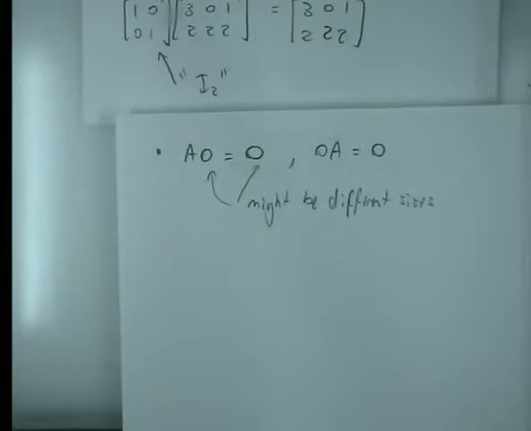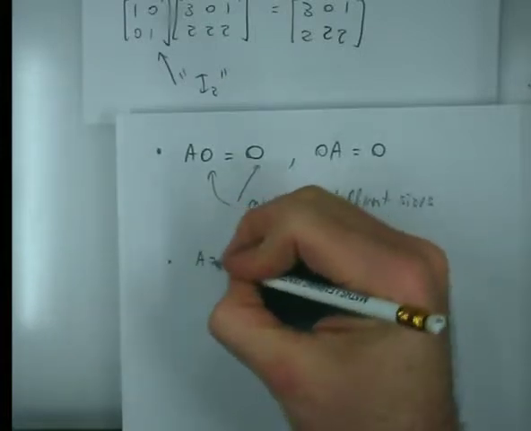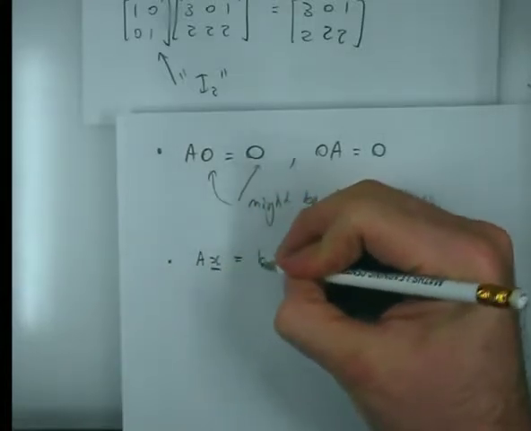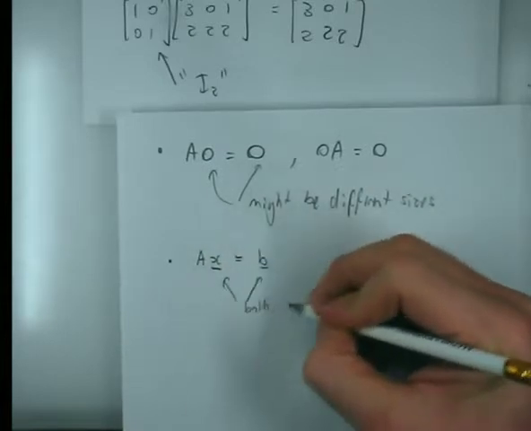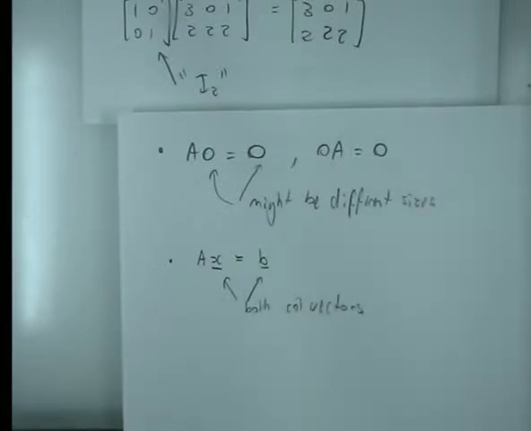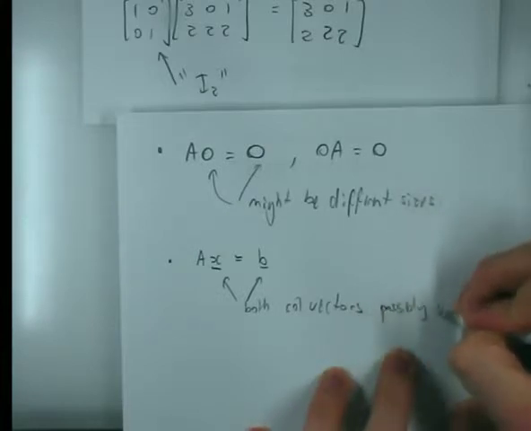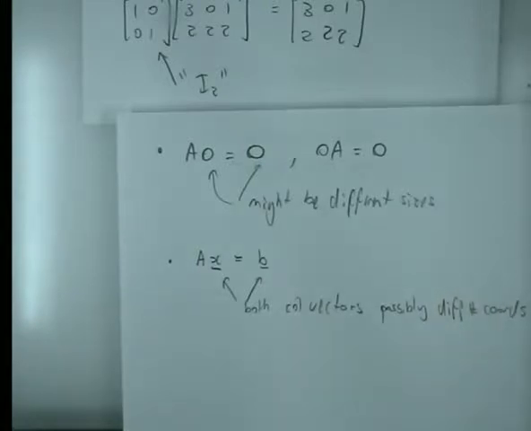Actually, worth noting in terms of the sizes, that A times a column vector will be a new column vector. They'll both be column vectors, possibly with a different number of coordinates depending on how big A is. Okay, and that's just to do with the sizes.